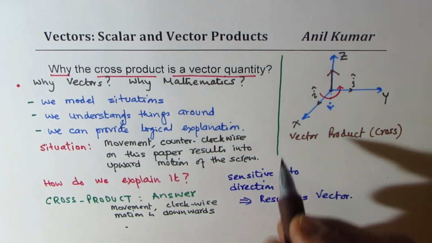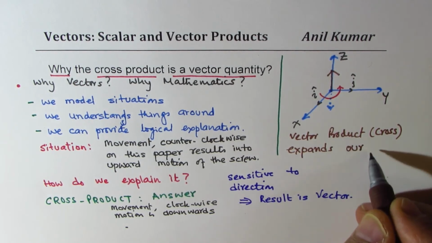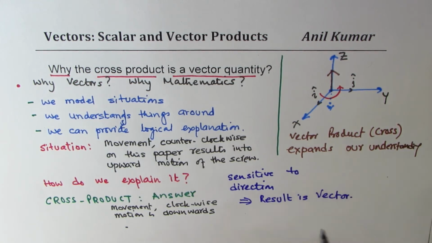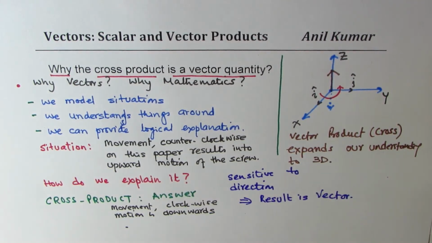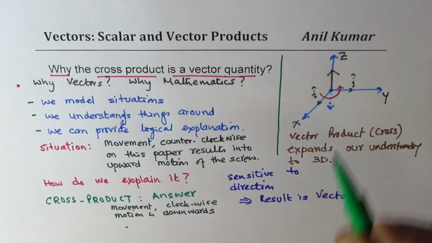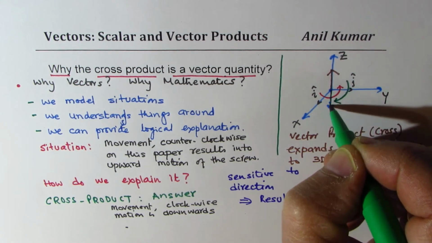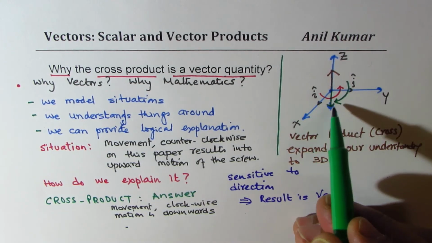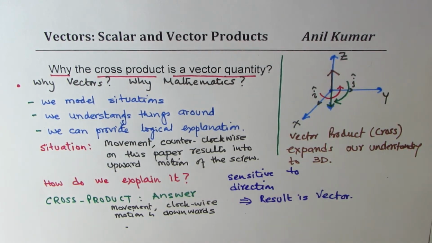Correct? So it expands our understanding to 3 dimensions. And you can notice in this particular case that if the direction is changed to clockwise, the movement will be downwards. Correct? So any scalar multiple of these vectors will have increased or decreased magnitude, and so I hope it makes some sense, right?